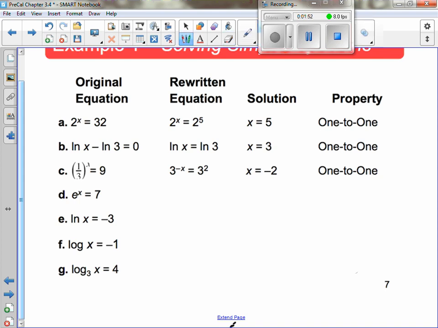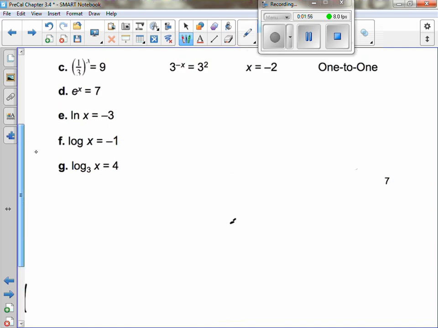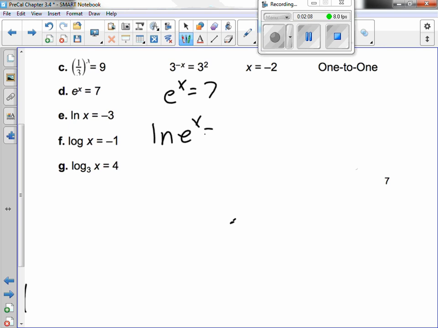Expand this page out. I'm going to do something a little bit different. I'm going to apply the natural log to both sides. It could be ln of e to the x is equal to ln of 7. What can we do with the exponent? We can move it. What is ln of e?